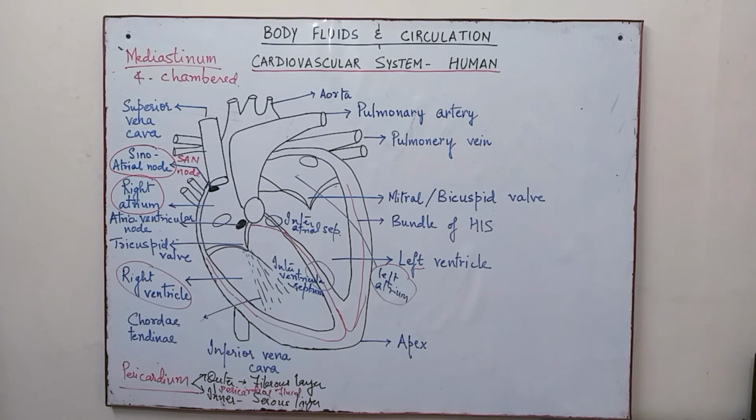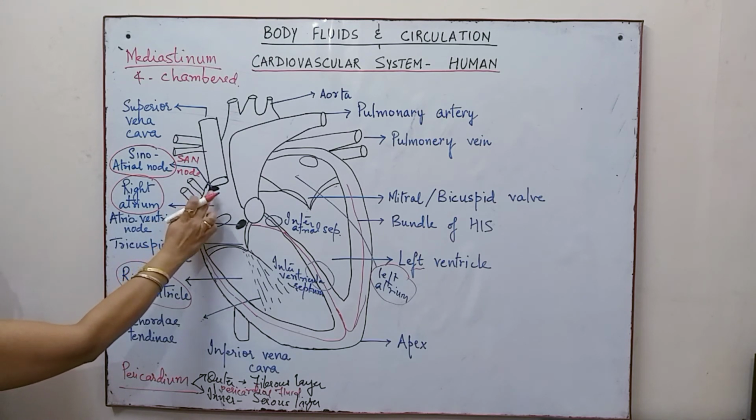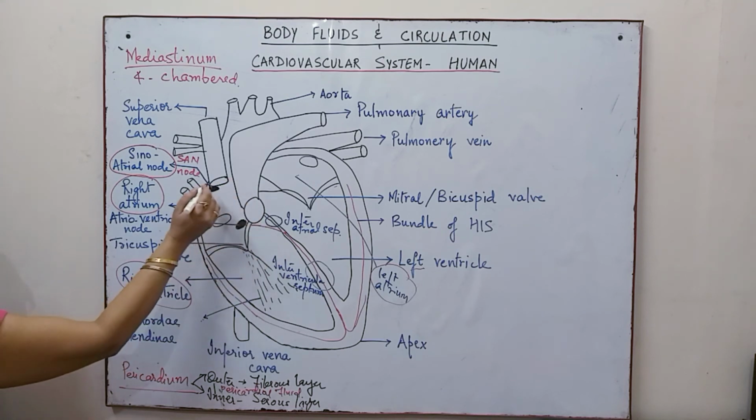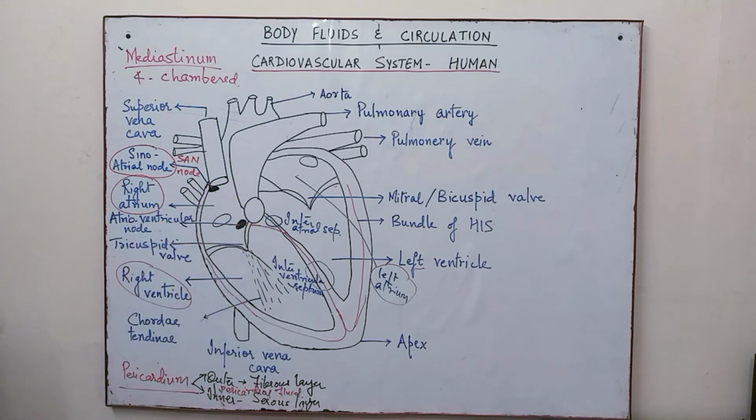It is responsible for creating the impulse, or it sends the signal for the heart to beat. Now, this is present in the right upper corner of the right atrium. So over here you can see the SAN node is present towards the right hand side of the right atrium. This is the right atrium and it is present over here.